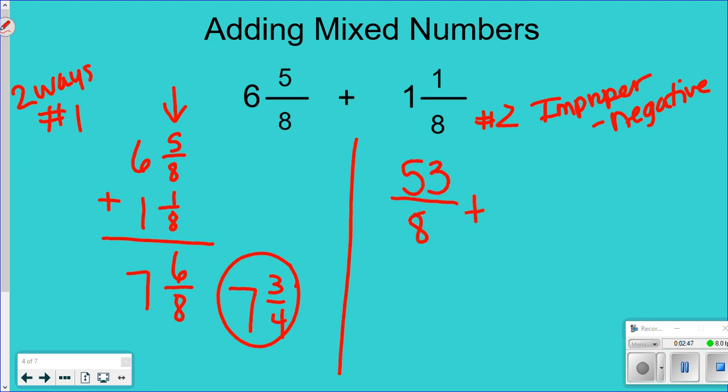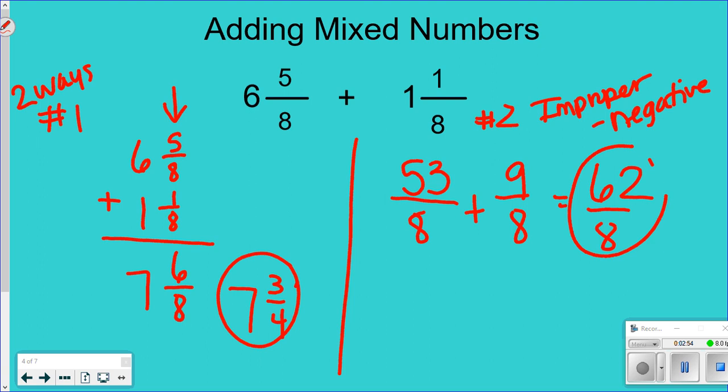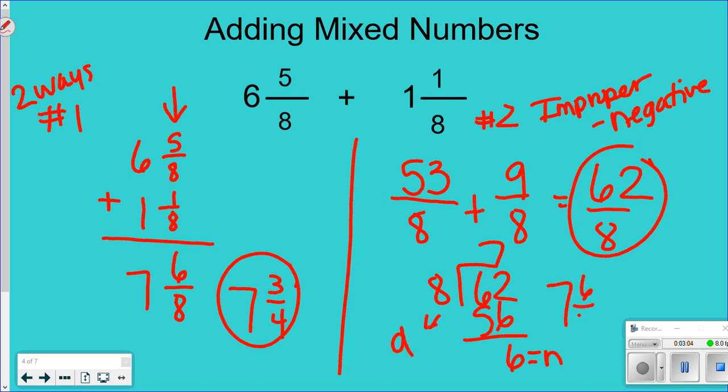This one would be 8 times 1, plus 1, would be 9/8. So this would be 62/8. Now changing this to a mixed number. This would be my numerator and this is my denominator. So it'd be 7 and 6/8, which reduces to 7 and 3/4, just like what we had.